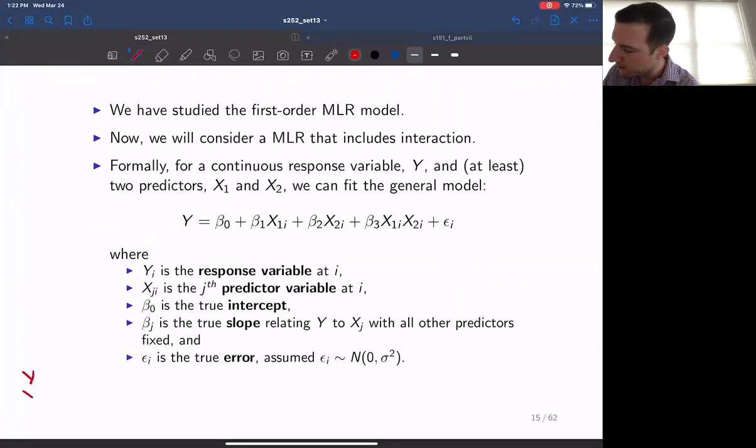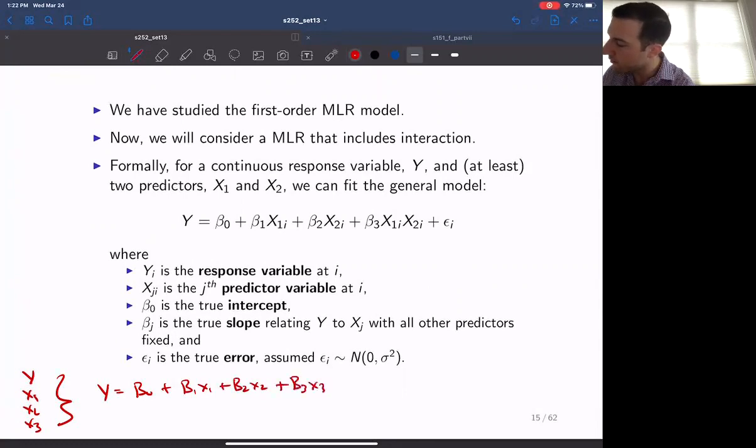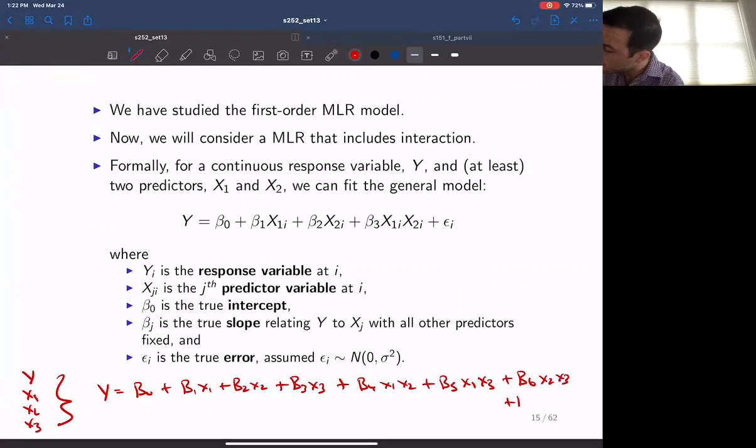this means that you could have a full model that has beta 1 x1 plus beta 2 x2 plus beta 3 x3 plus beta 4 x1 x2 plus beta 5 x1 x3 plus beta 6 x2 x3 plus beta 7 x1 x2 x3.